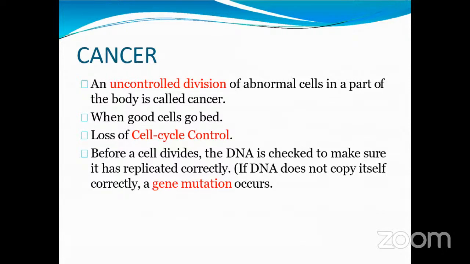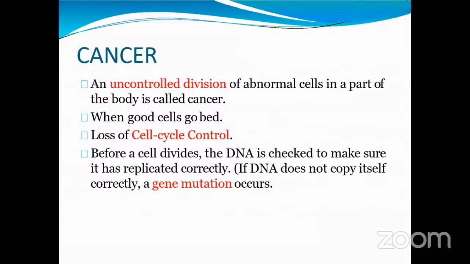Here, the main thing is loss of cell cycle control. There are some checkpoints which are regulated by cyclins and cyclin-dependent kinases, enzymes. They check whether there are any mutations after DNA replication. If they can be repaired, they will be repaired.